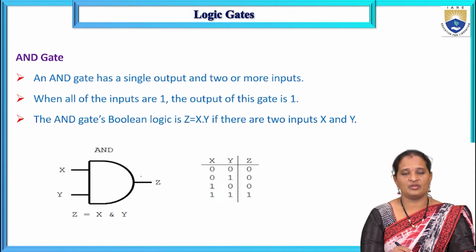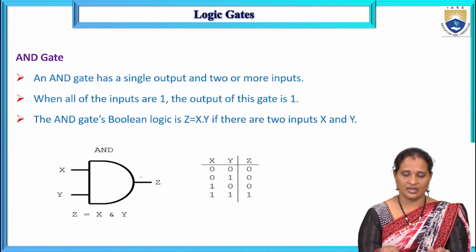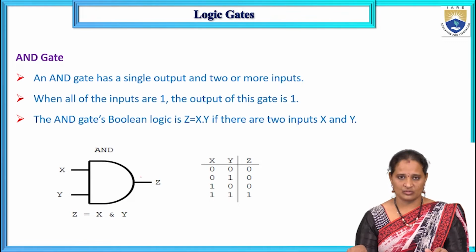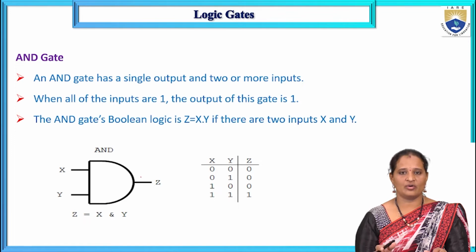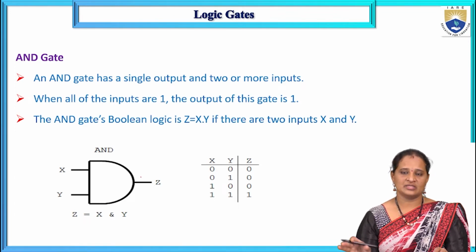If any one of the inputs is 0 or all the inputs are 0, then the AND gate output will be 0. That means the AND gate produces a logic 1 as output when all the inputs of that gate are equal to logic 1 or high. If any one or all the inputs are 0, then the output of the AND gate will be 0.